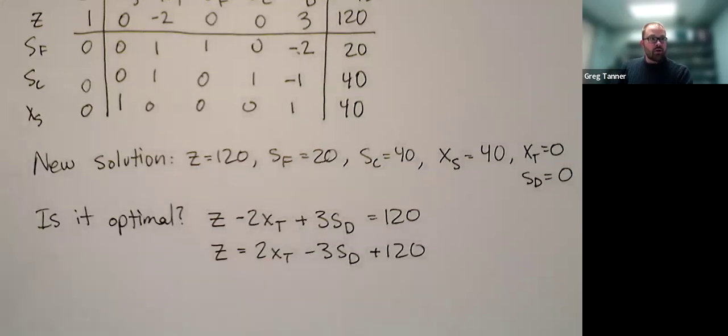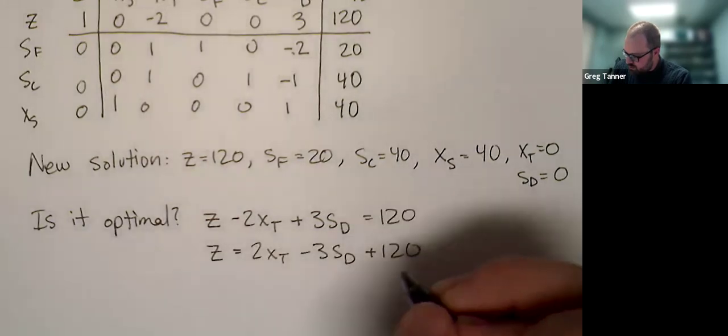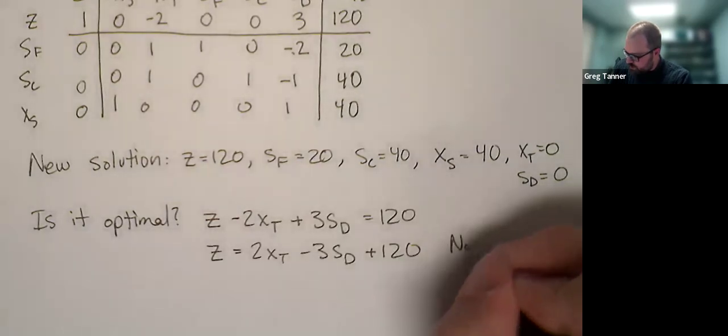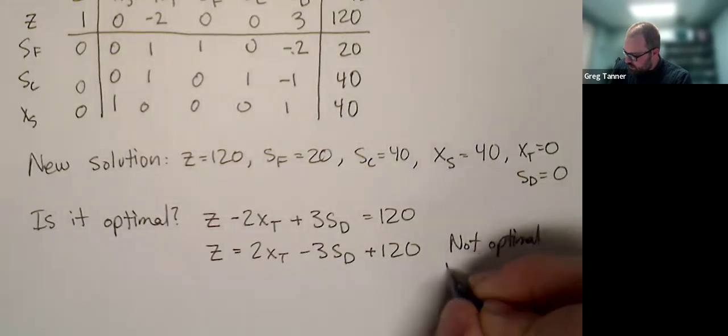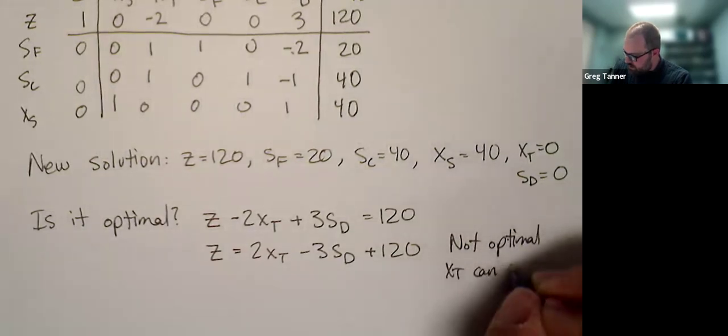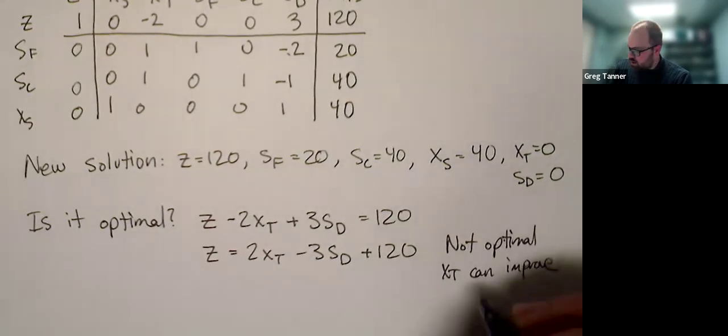So is it optimal? Not optimal. XT can improve the objective.